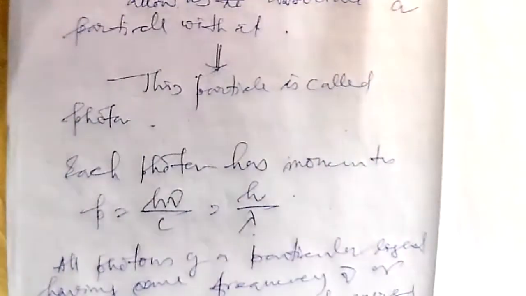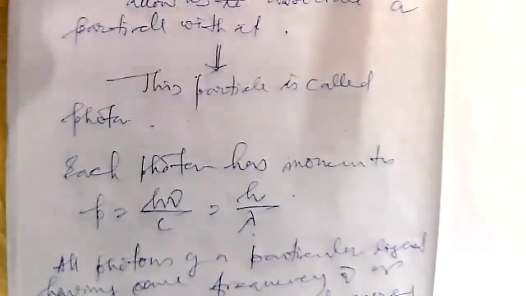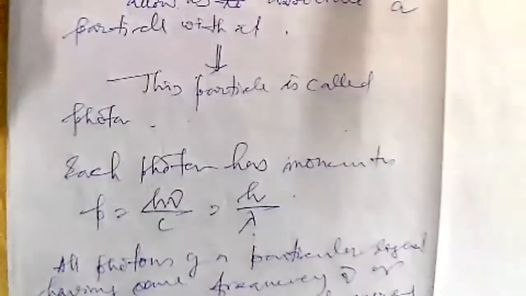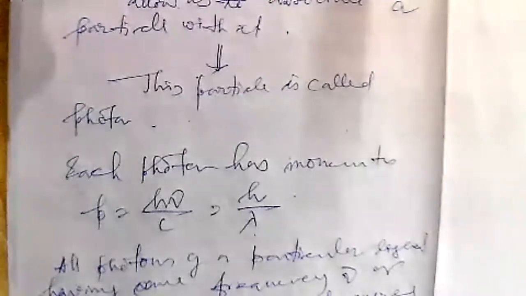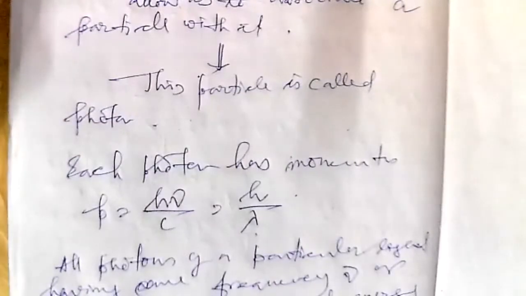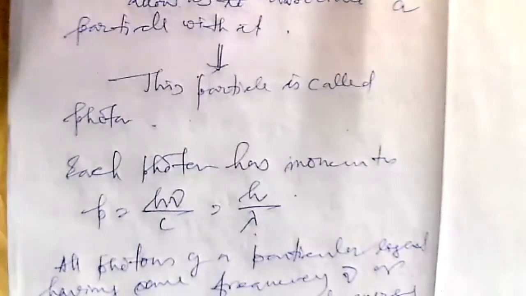In photon-particle collisions, the total energy and the total momentum are conserved. However, the number of photons may not be conserved in a collision.